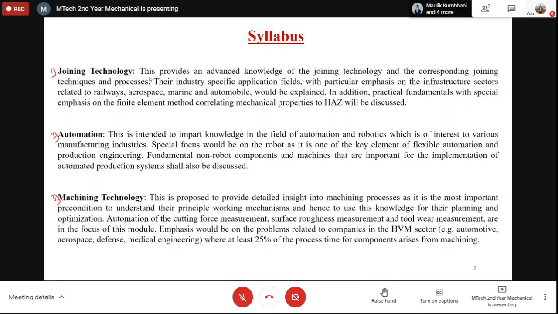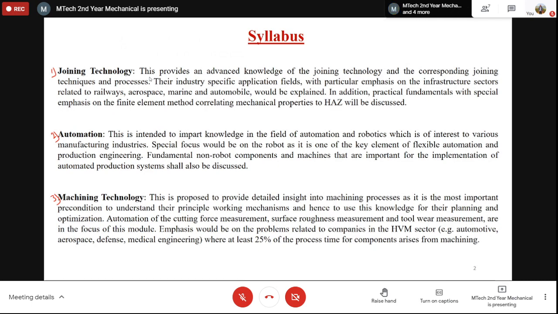We'll also try to understand the mechanism of joining, and the effect of joining on the microstructure and the heat affected zone, through some finite element modeling. This is the overall syllabus of joining technology.